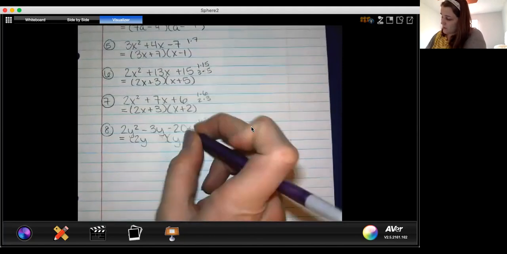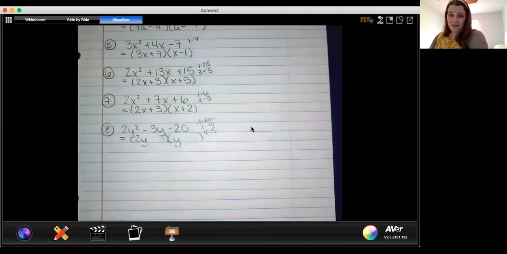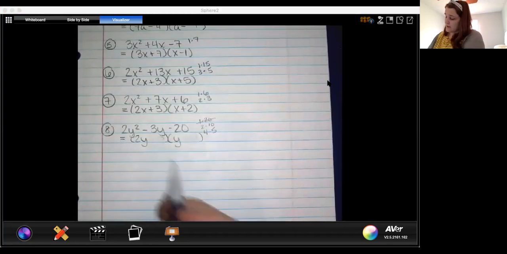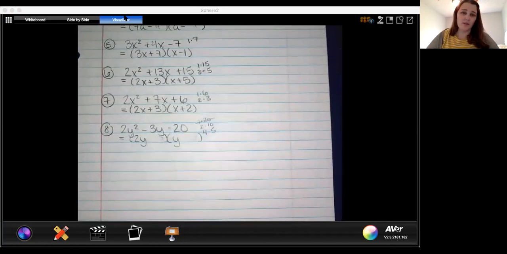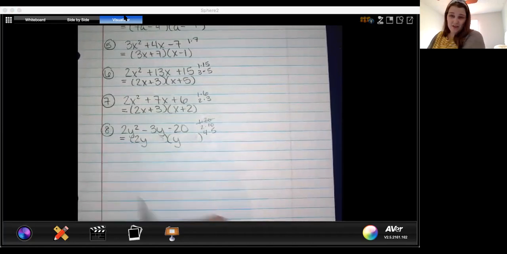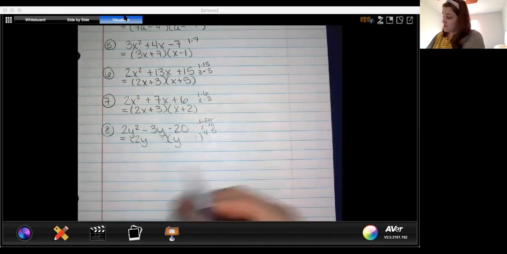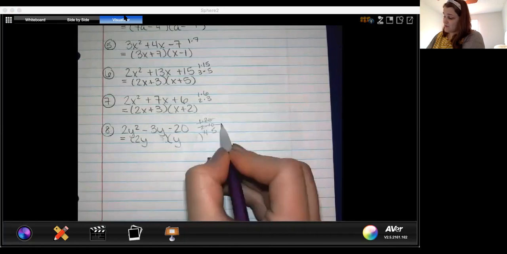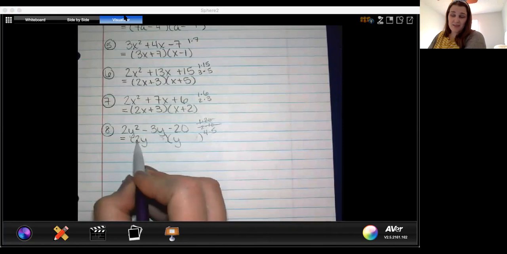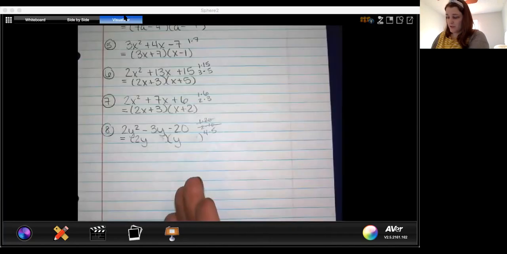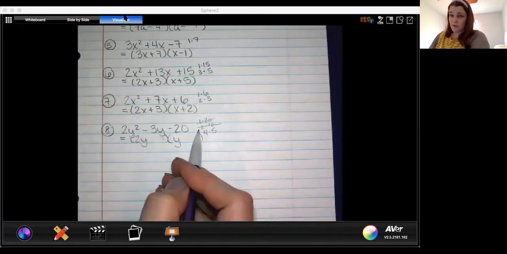So what you want to look for is that you cannot have factors of your C value that are also factors of your A value. Again, you cannot have factors of C that also have factors of A, because if that were true, then you should have had a GCF to begin with.